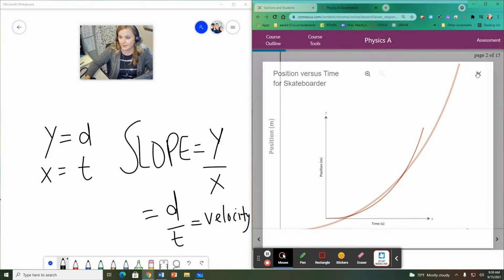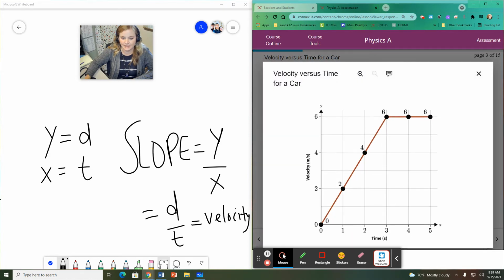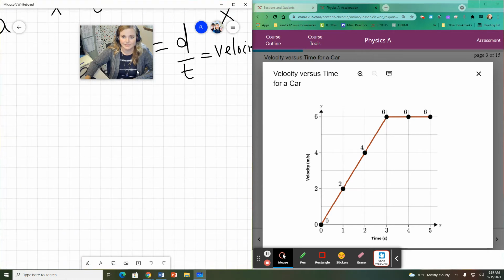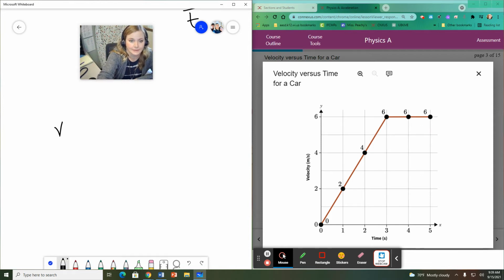The next graph that we have is a velocity versus time graph. And in a velocity versus time graph, now my y-axis is velocity. That's our slope, right? So we have velocity divided by time. Well, that is acceleration.